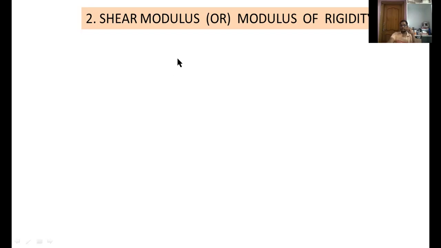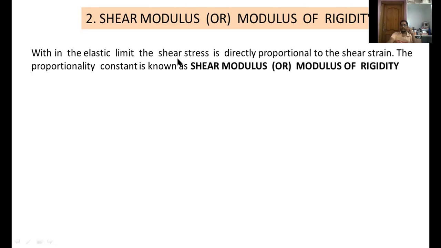The definition for shear modulus or modulus of rigidity is: within the elastic limit, the shear stress is directly proportional to shear strain.